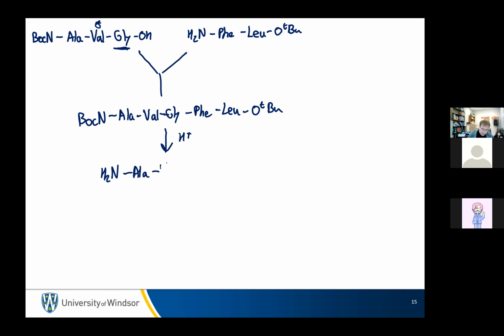And we just treat that with acid. So that would be to lay out the synthesis of this peptide from the building blocks. What we had to do was sequentially protect things with appropriate protecting groups, think about epimerization, and then go.